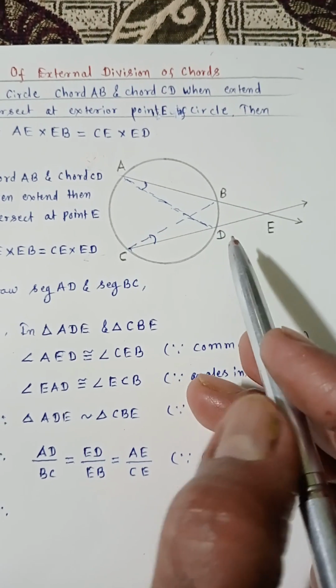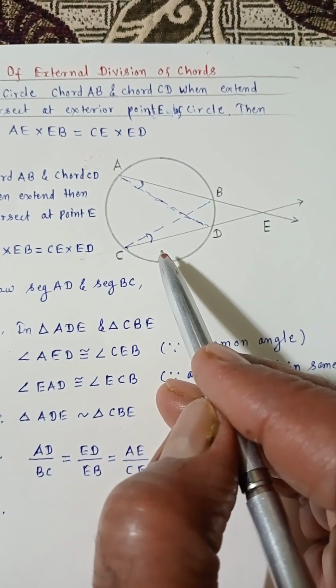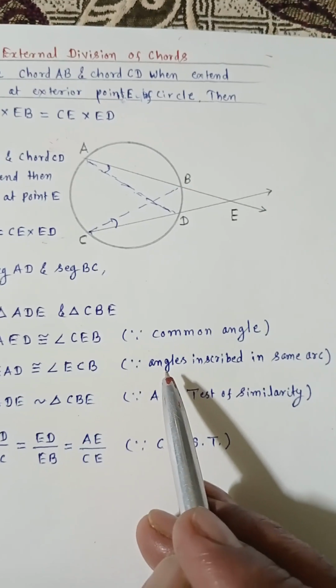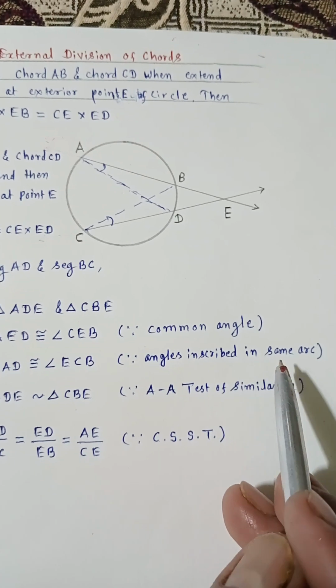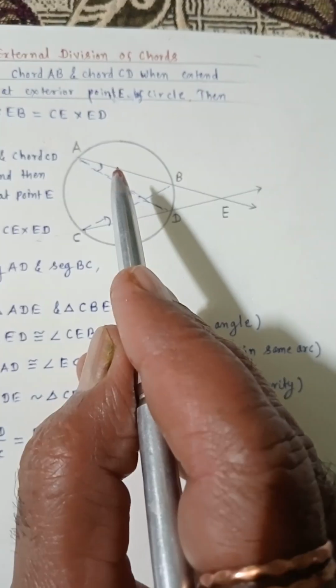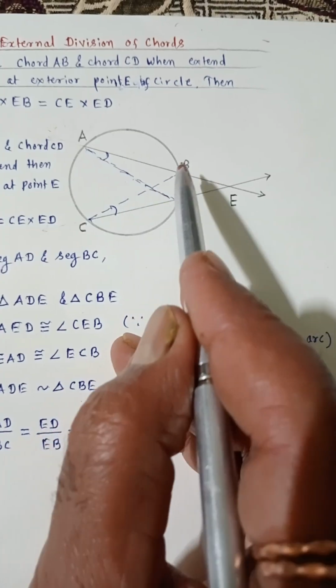These two angles are congruent. Reason is angles inscribed in the same arc. These two angles are inscribed in the same arc.